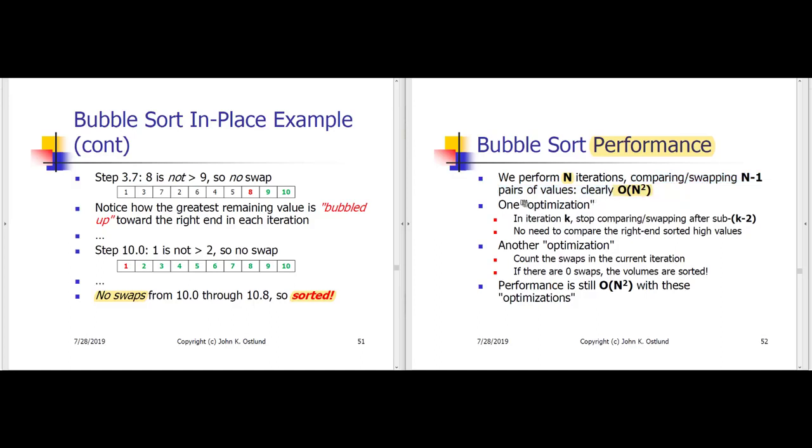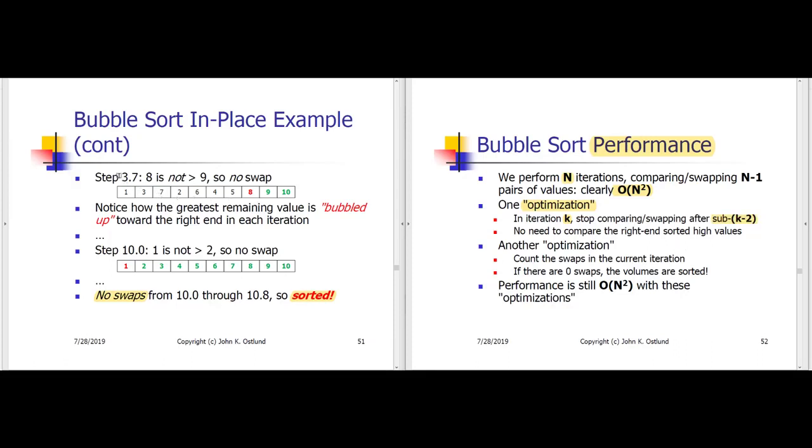Now, there are a couple of simple "optimizations" that we can do here. First of all, we know that each time through a step, one more value will have been put in the correct place at the end of the shelf. So during iteration k, we actually can stop comparing and swapping when we get to item sub k minus 2.